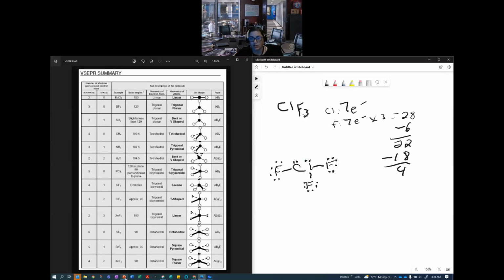So let's talk about the formal charges on this molecule that we've already drawn. We're looking at this particular guy right here. We have two things on here, a fluorine and a chlorine.